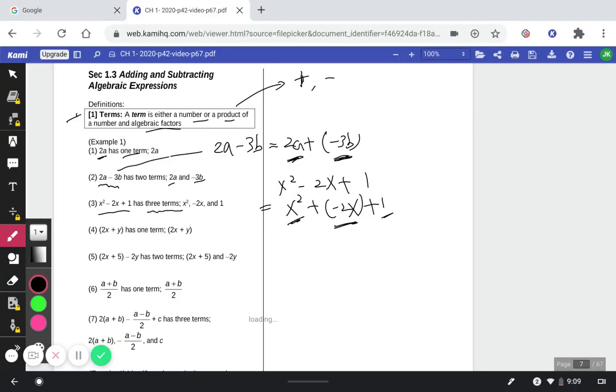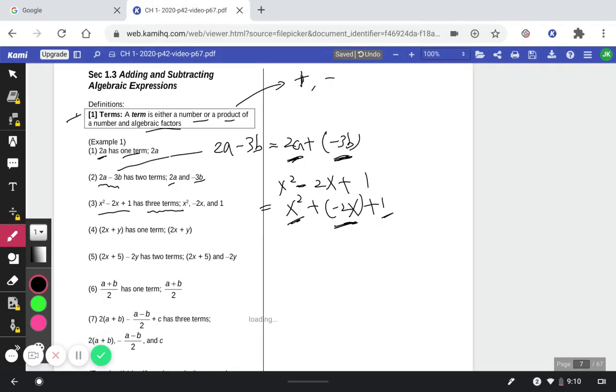So you have 3 terms. Again, when you have a minus, you change it to plus negative. So minus 2x becomes plus negative 2x. It's a good habit that you do that. I got confused a lot when I needed to do this, but I'm telling you, it's a good idea to change minus into plus negative.